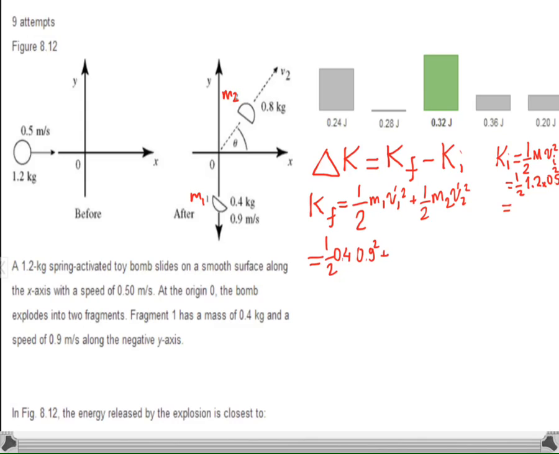Of course, you have to take the square of that. And the kinetic energy of the second object, M2 is 0.8 because the total of the mass is 1.2, times the velocity V2 prime squared.